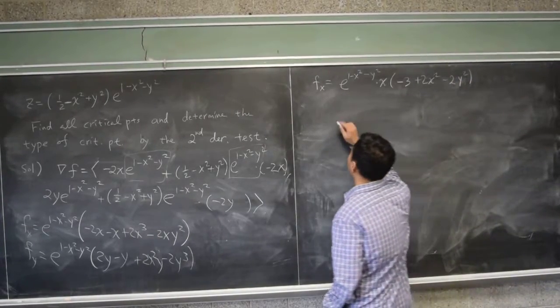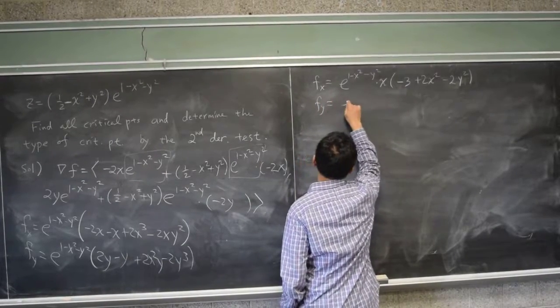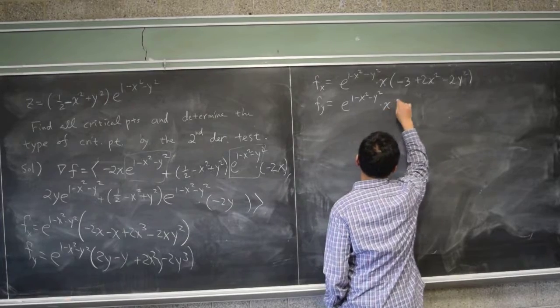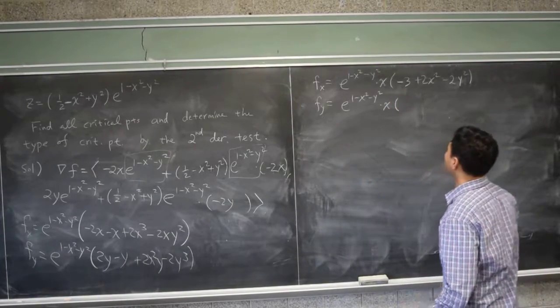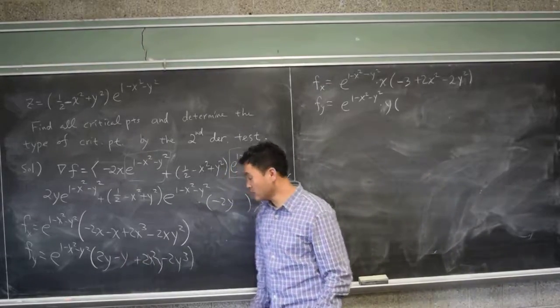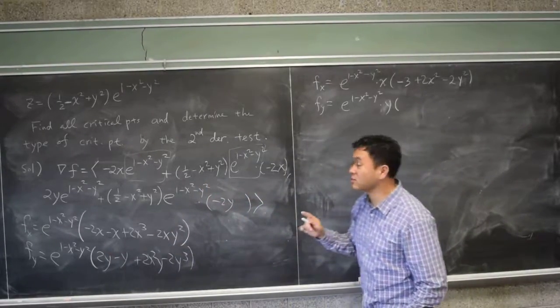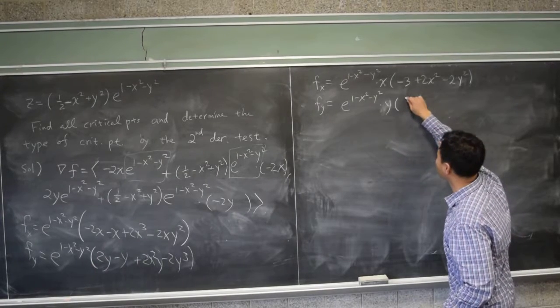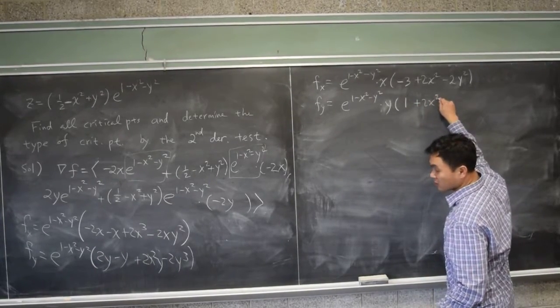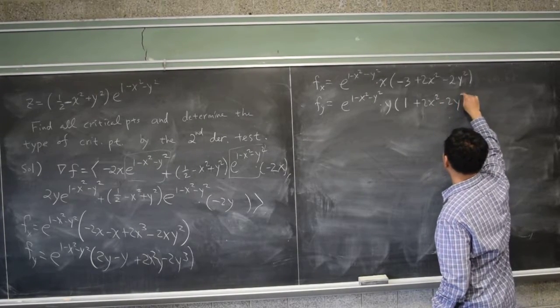Then fy is equal to e to the 1 minus x squared minus y squared times, this time it's times y, right? Because y is the common factor. 2y minus y is just a single y, so when you pull the y out, you're left with 1 plus 2x squared minus 2y squared.